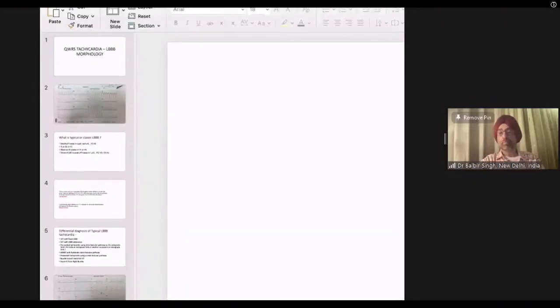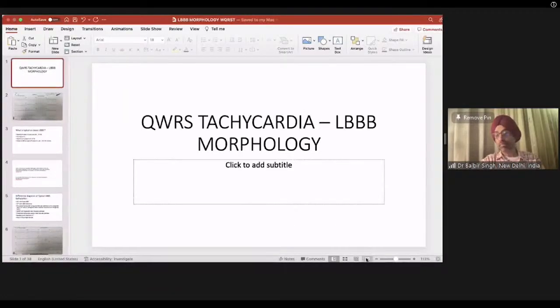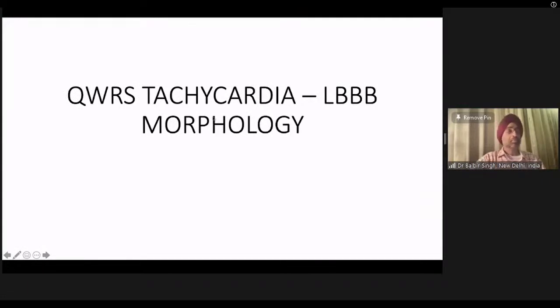In slow AVNRT, even after ablating the retrograde slow pathway at earliest A, do we still need to knock off the RIE location?